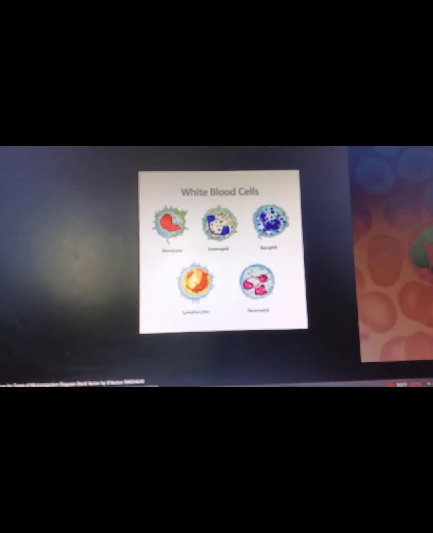It looks approximately like a kidney shape. Next one is lymphocytes. It contains a large and round nucleus. It produces antibodies and provides immunity. Antibodies are protective proteins, also called immunoglobulins. They protect the body from infections. Okay, these are the types of WBCs.